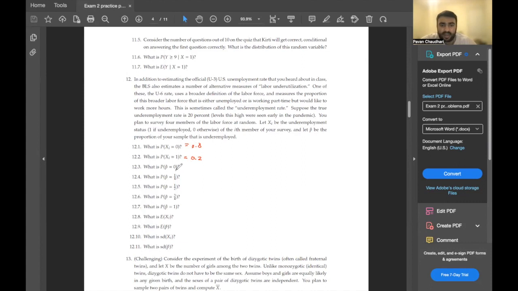What is the probability that P hat is equal to 0? So P hat is the values of the first four members, X1, X2, X3, X4 over 4. It's the simple average of the first four members that you survey. So what are the possible values this could take?